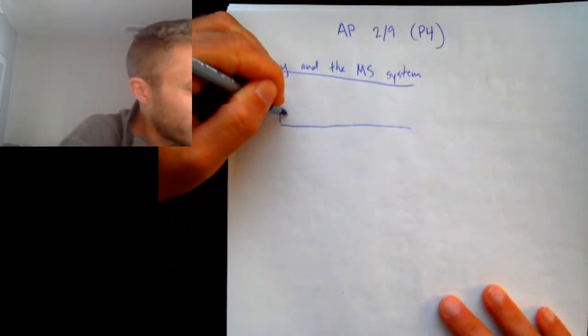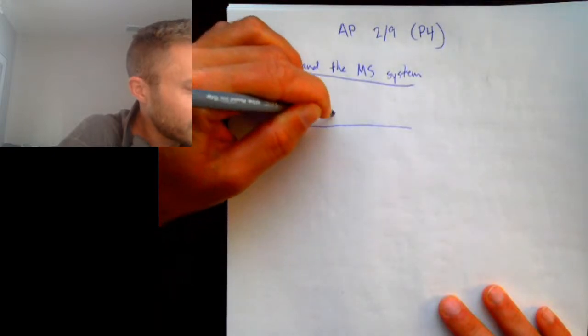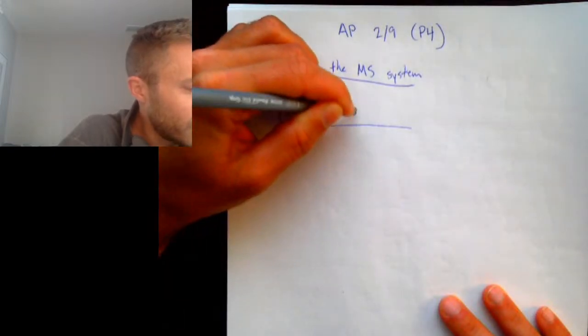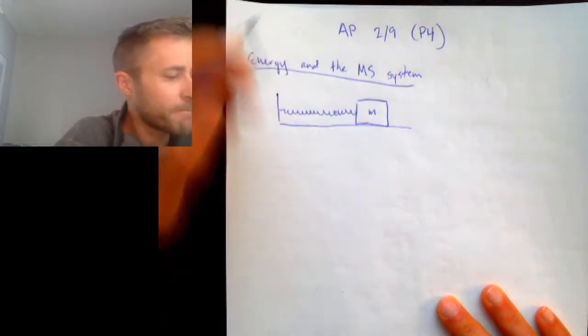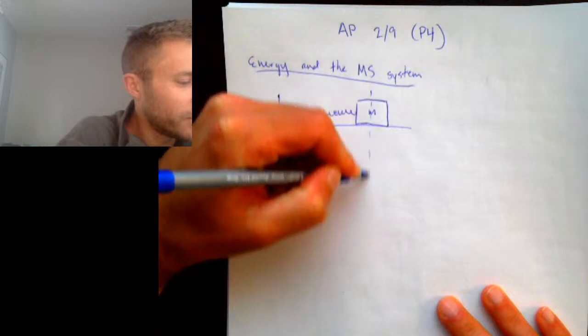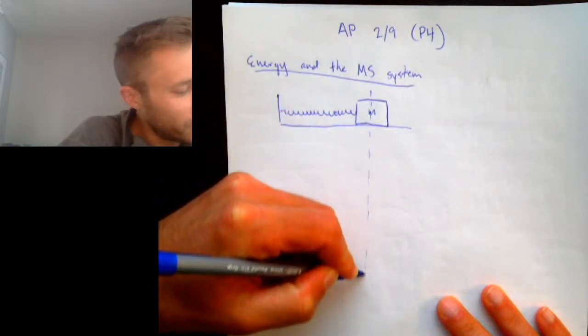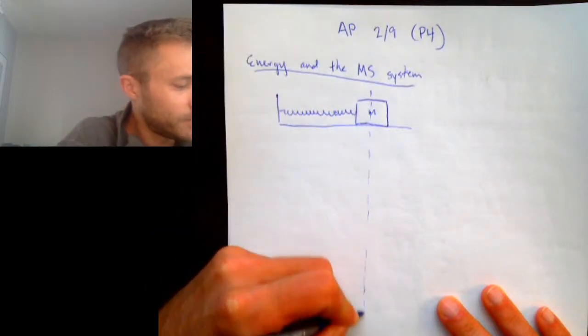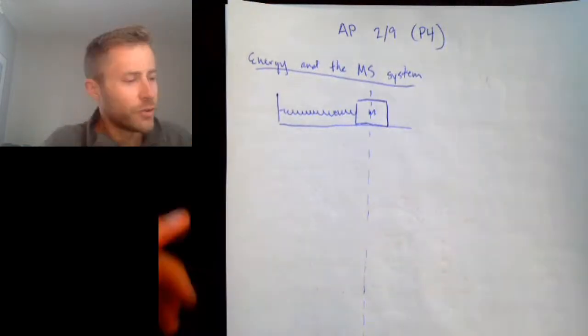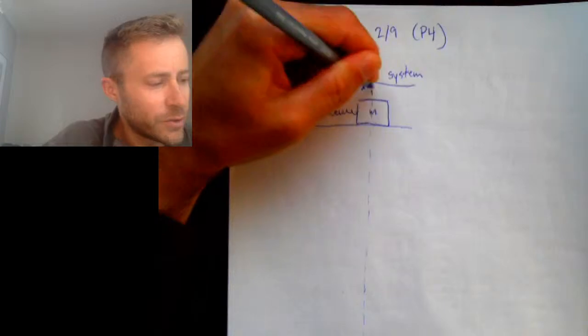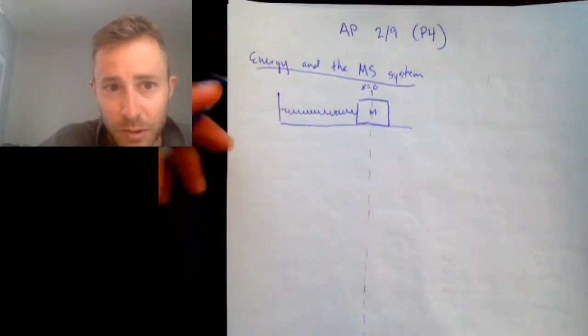So here's the spring, and here's the mass. And here is x equals 0. When I say that this is x equals 0, I mean that's the equilibrium position.